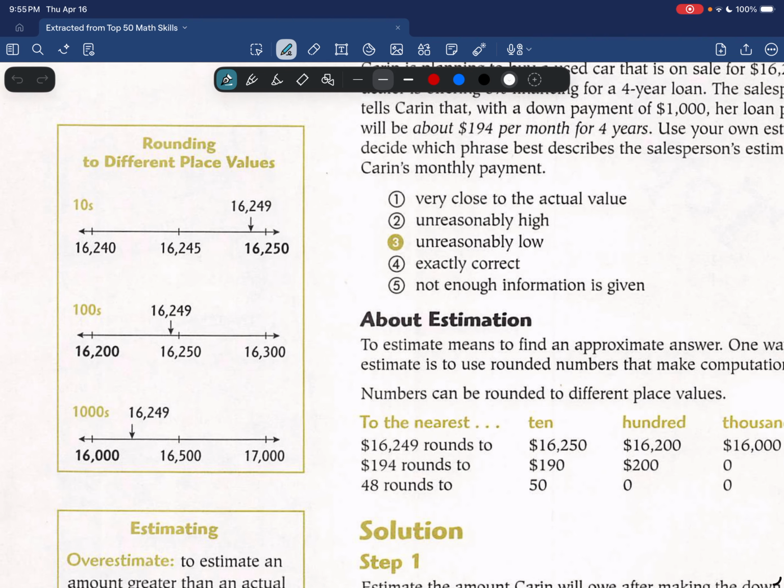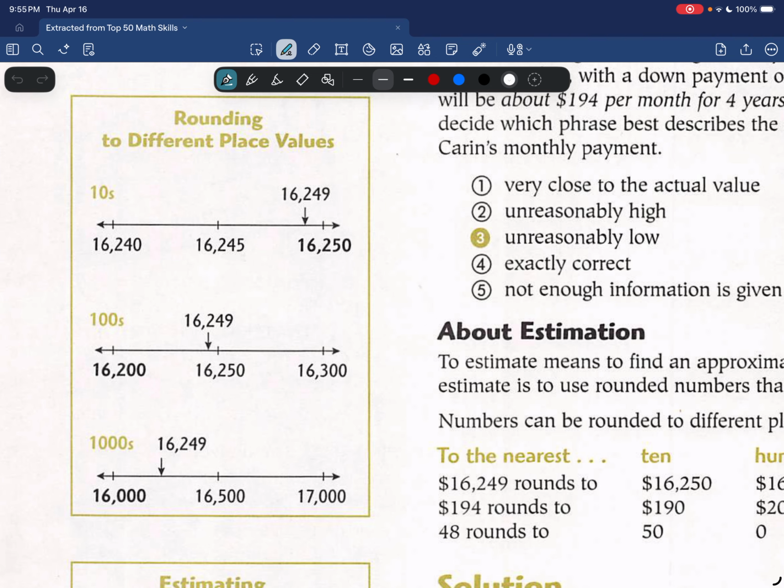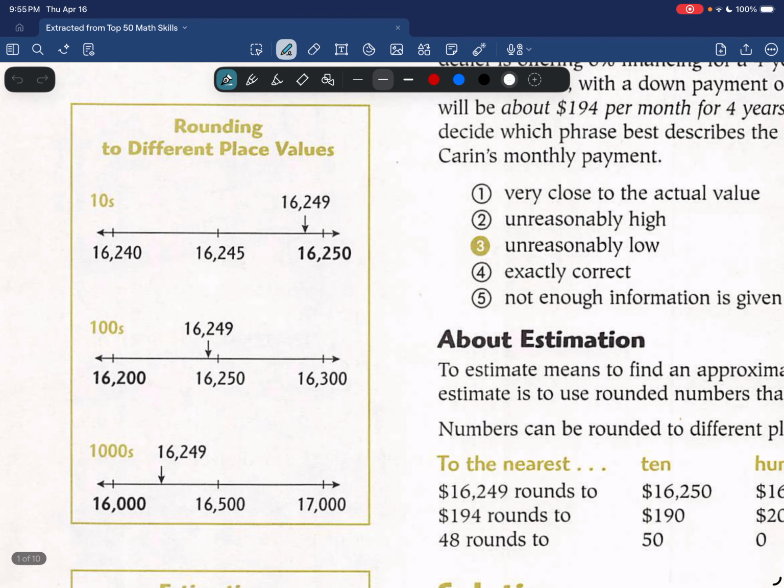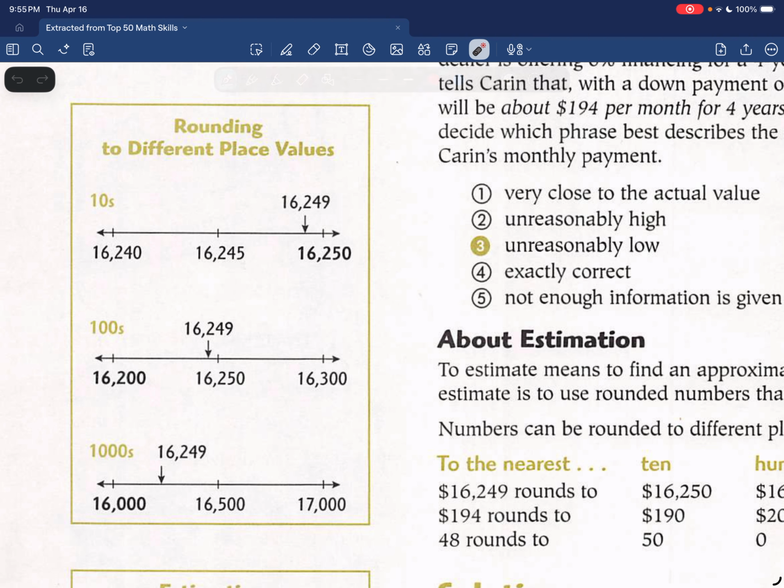So let's start with this chart that's talking about rounding to different places. And the number they're giving us to consider is this one. You'll notice that this one is the same all through the chart. The number is 16,249.